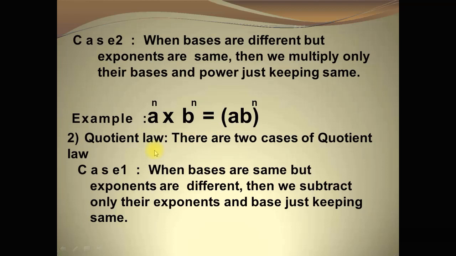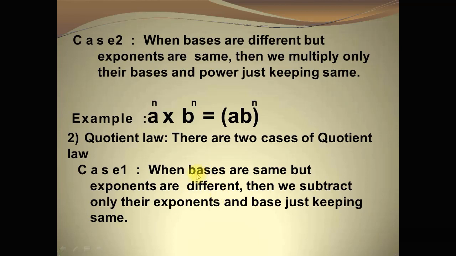Now the second law, which is called quotient law. There are two cases of quotient law. Number one case, when bases are same but exponents are different.